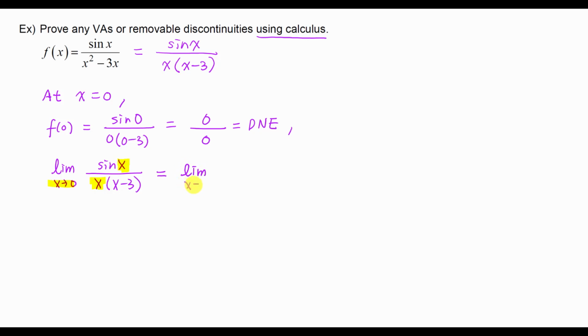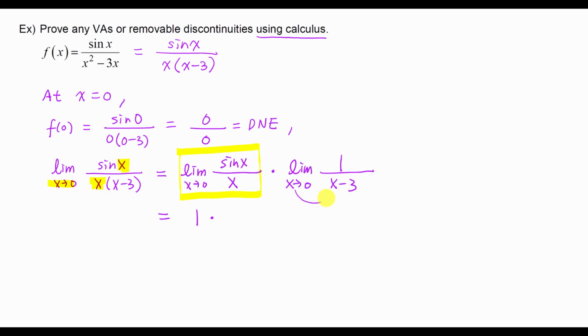So limit as x approaches 0 of sine x over x times limit as x approaches 0 of 1 over x minus 3. So this part, you guys know what the special limit is? It was 1 times.